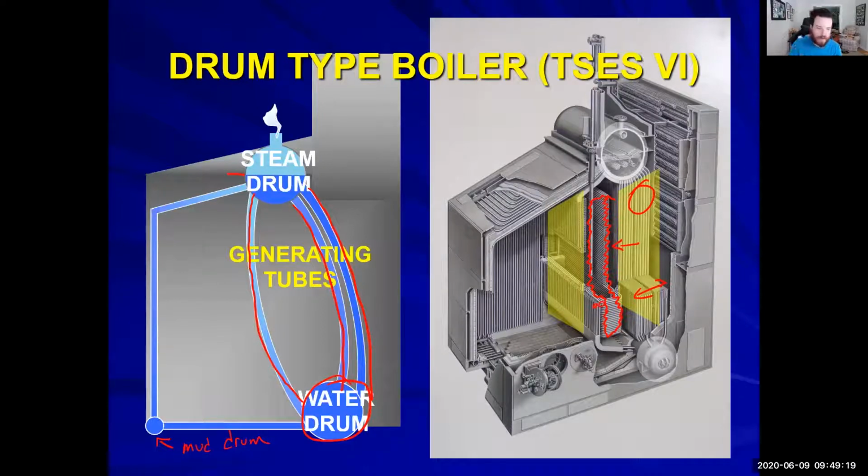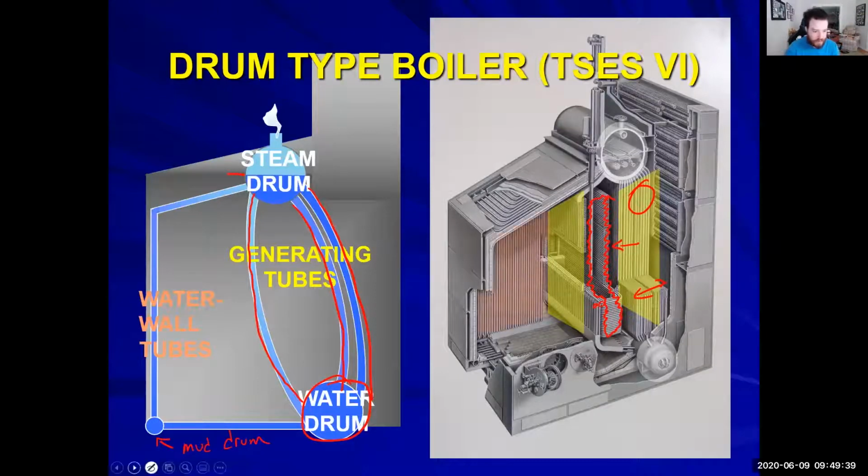All right. And inside of these generating tubes is where the majority of your steam is going to be generated. Yes, of course, you can have steam generating elsewhere, but the main part of your steam is going to be coming out of these generating tubes.